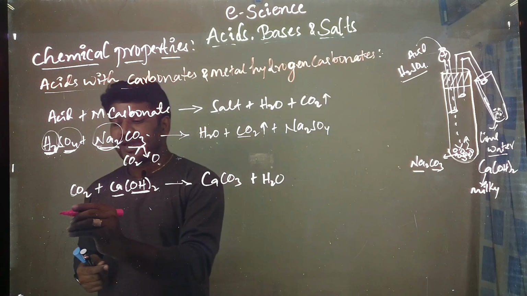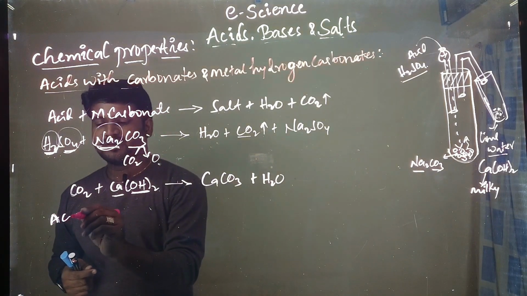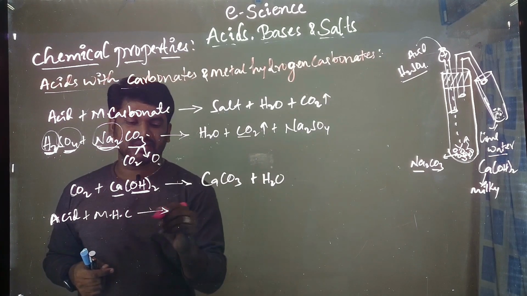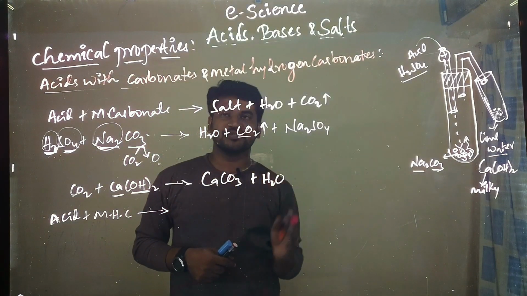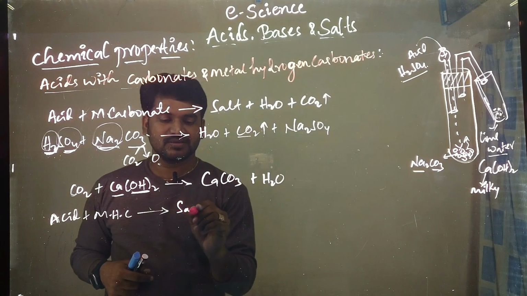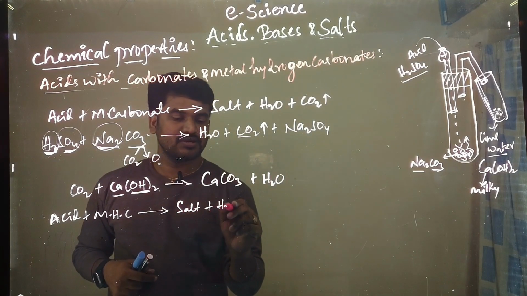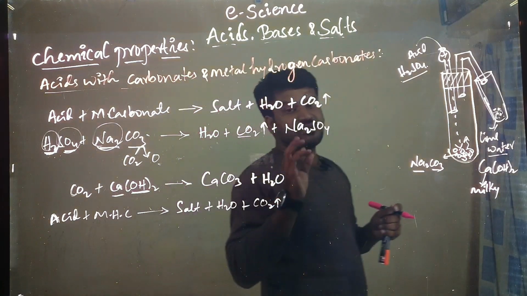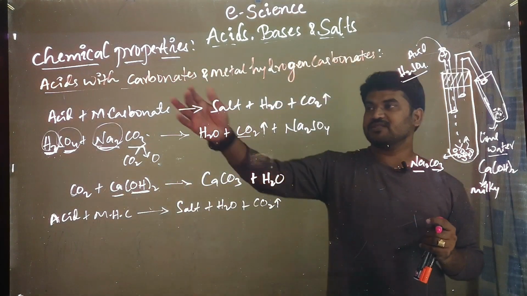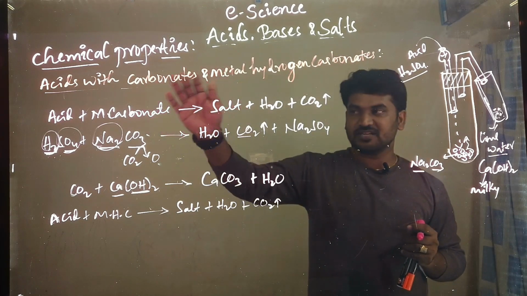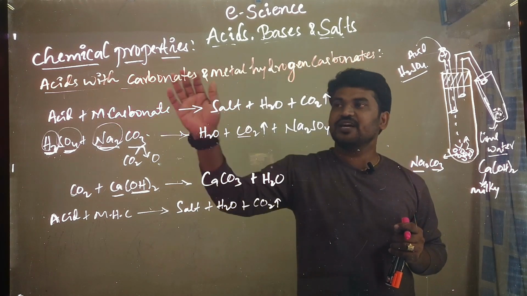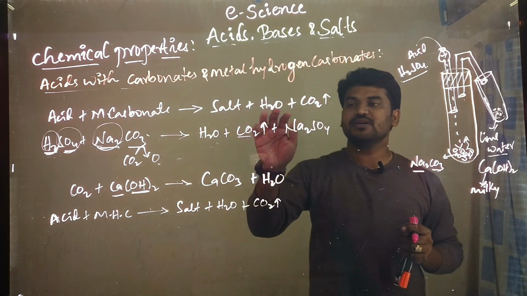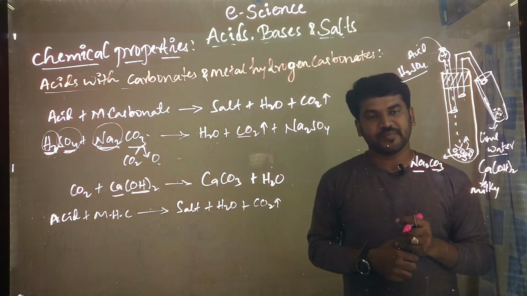But when an acid reacts with metal hydrogen carbonate, what happens? Same products will form over there, that is salt plus H2O plus CO2 only will form. When an acid reacts with metal carbonates and when the acid reacts with metal hydrogen carbonates, the products are the same, that is salt, water and carbon dioxide gas.